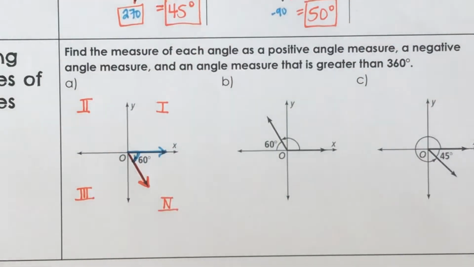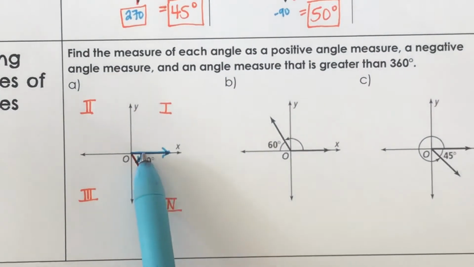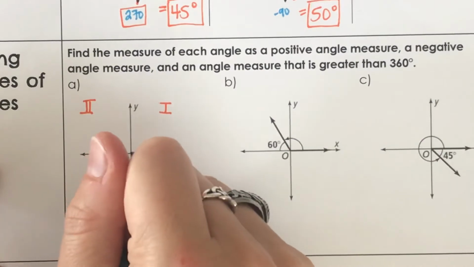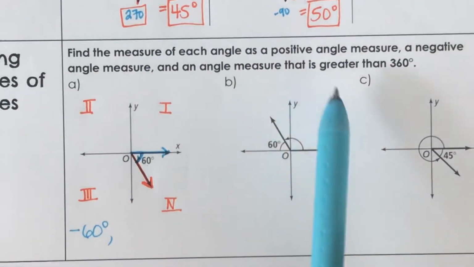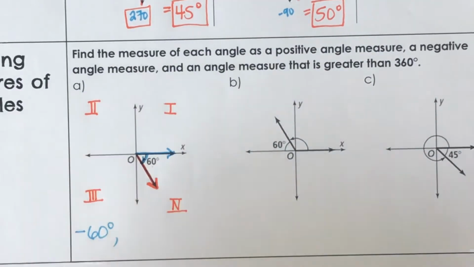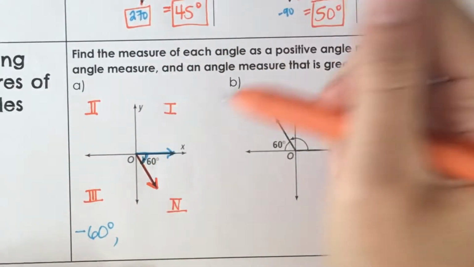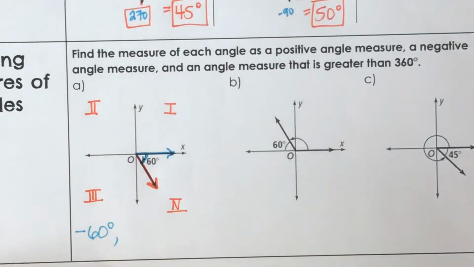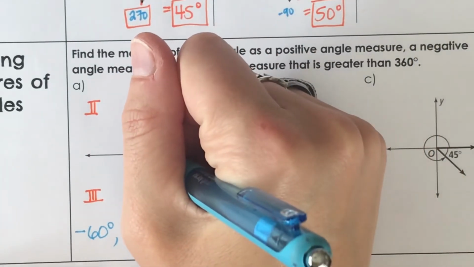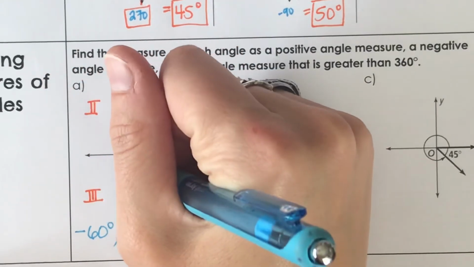Because I'm going clockwise, that means this 60 degrees is really a negative 60 degrees. So it already is a negative angle measure. If I wanted to make that a positive, I would have to start over here at my initial side, and I'd have to go all the way around over here.